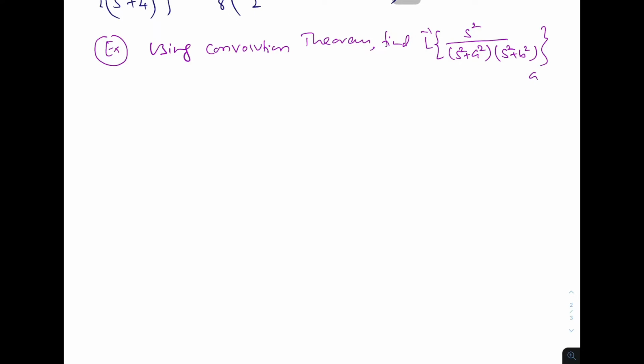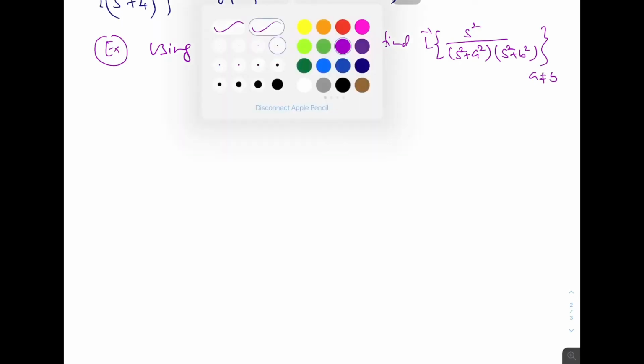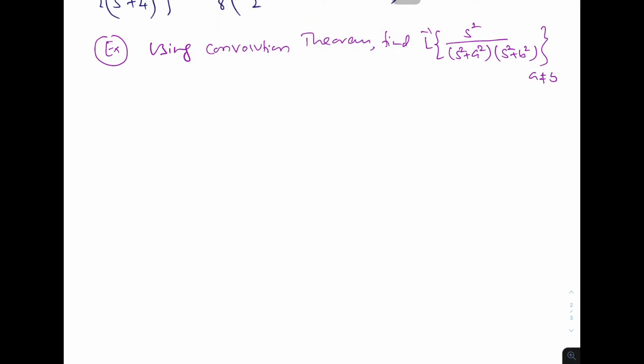Okay, and here a is not b. So we need to find the inverse Laplace transform, and by using the convolution theorem.